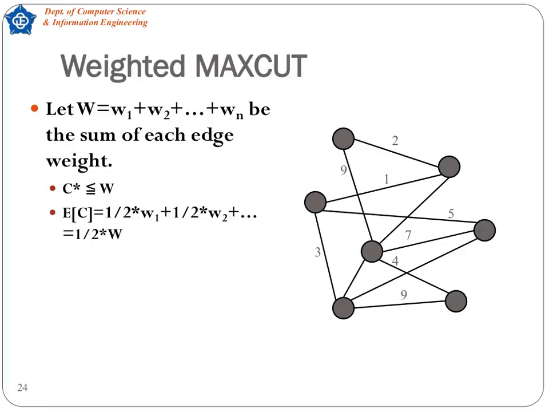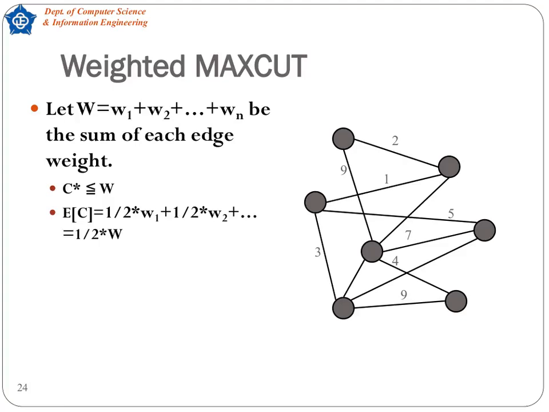For any optimal cut, denoted as C star, its value will naturally always be less than or equal to this total sum W. Interestingly, if we were to consider a random cut, its expected value is neatly shown to be half the sum of these individual edge weights, simplifying to a very intuitive 1/2 W. This gives us a baseline expectation.